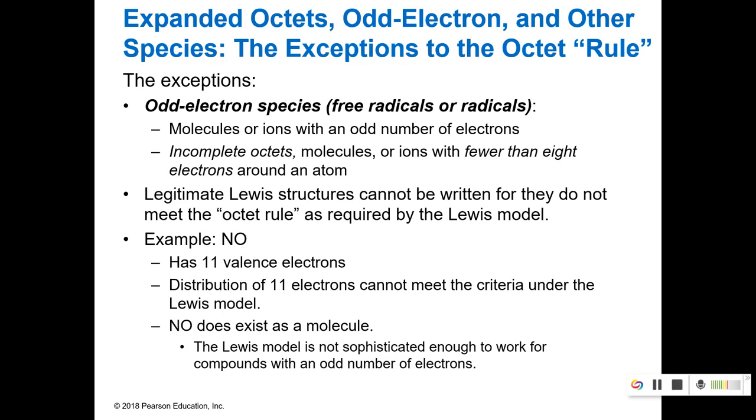Also, there are some exceptions to the octet rule. So there are some elements that'll have an odd number of electrons. The only one y'all are going to encounter is nitrogen. So in the event that we were to do NO, which has 11 valence, I've already used 2, so that's 9.